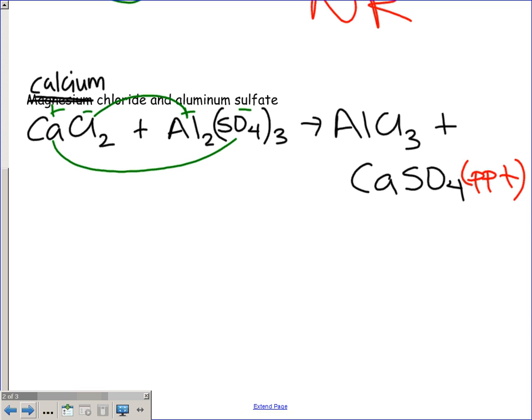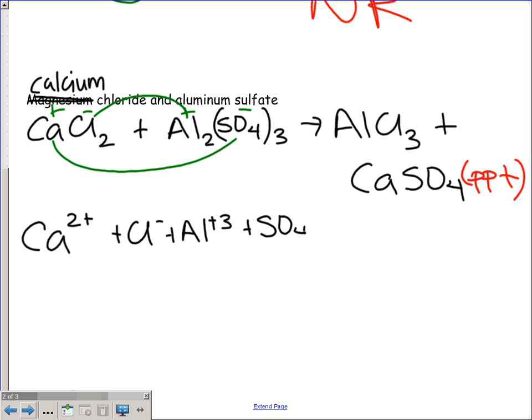The next step in writing a net ionic equation is to ionize everything that's soluble. So that's everything except calcium sulfate. Ca2 plus, Cl negative 1, plus Al 3 plus, SO4 negative 2. Al 3 plus, Cl negative, plus calcium sulfate.